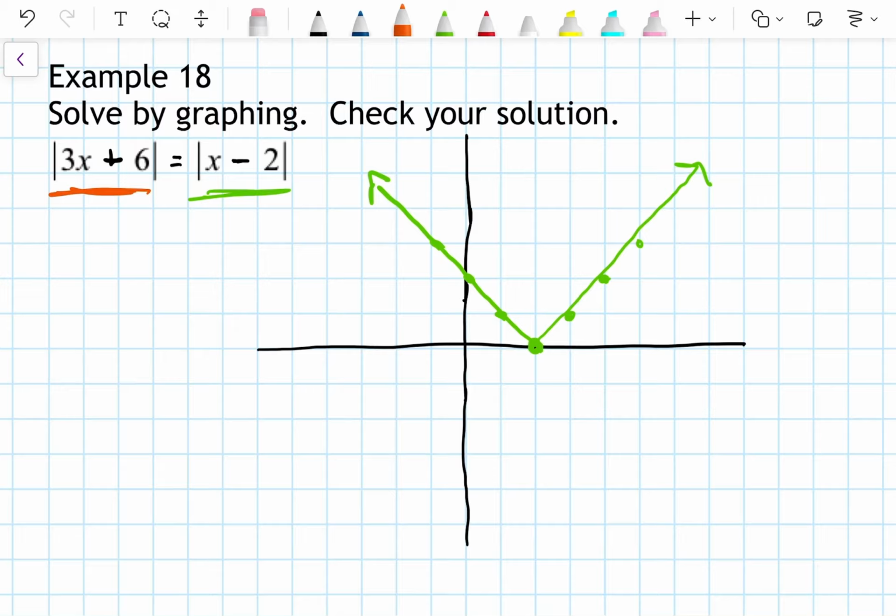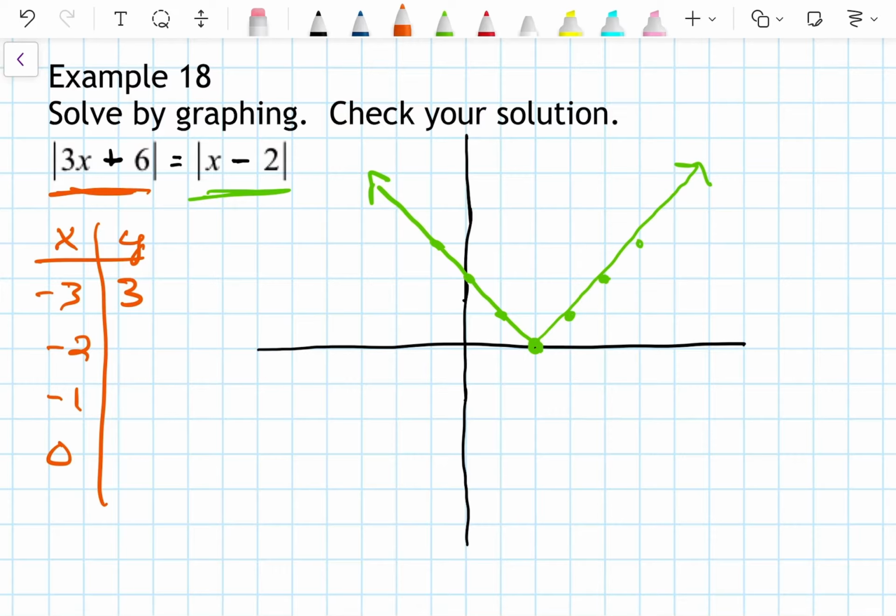The orange one we're actually going to need to do a little t-chart for. I'll plug in, I don't know, what should I plug in? 0, 1, 2, and 3 maybe. Maybe I should go on the other side of it. I'll do negative 3, negative 2, negative 1, and 0. If I plug in negative 3, I'd have 3 times negative 3, which is negative 9, plus 6, so that would make it negative 3, and then absolute value makes it positive.